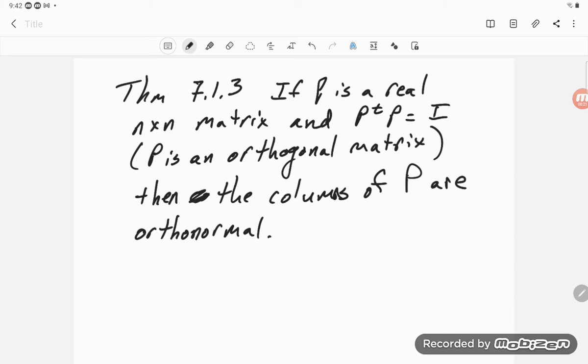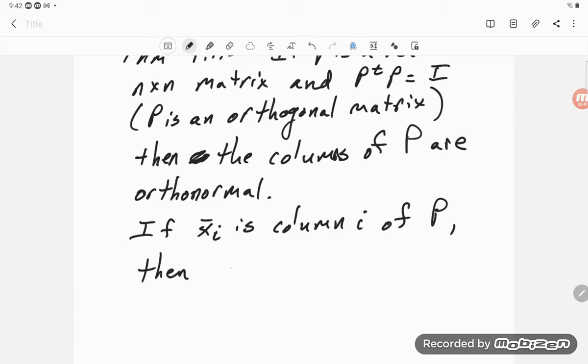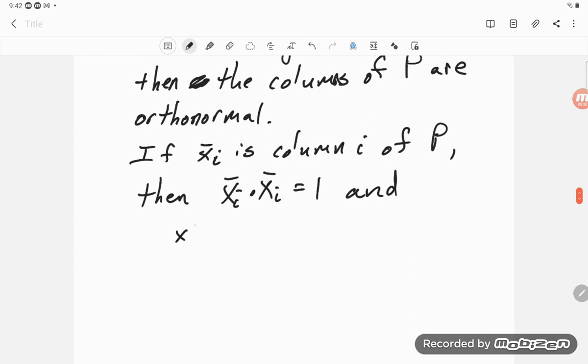Cool. Now, what does that mean? Well, they use x's, so I'll use x's. If xi is column i of P, then xi dot xi is equal to 1, and xi dot xj is equal to 0 for i not equal to j.